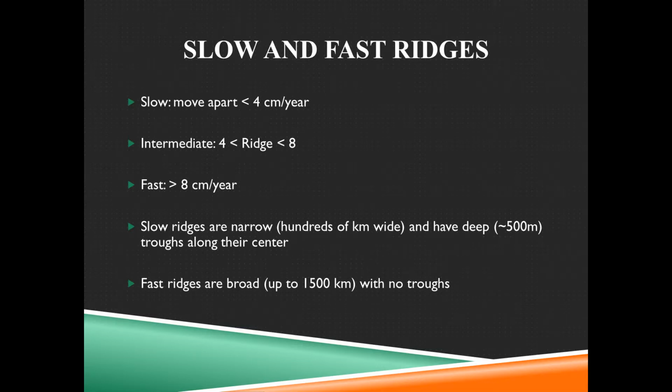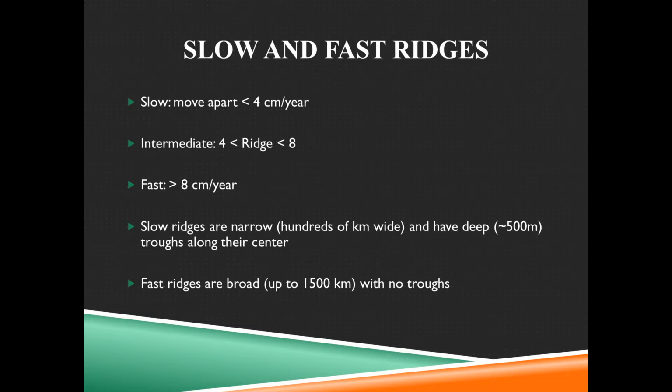So that's like the size of a state for width, or more than one state. But comparatively, it's narrow. And it's going to have a deep trough at the center. So, we saw a trough in our cross-section drawings. That will be visible if you have slow spreading.